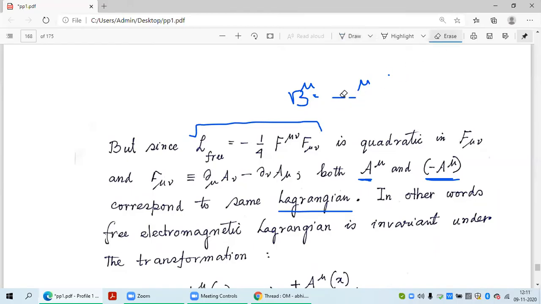Therefore, from free Lagrangians, you can't distinguish what field you have to choose to describe a free Lagrangian.